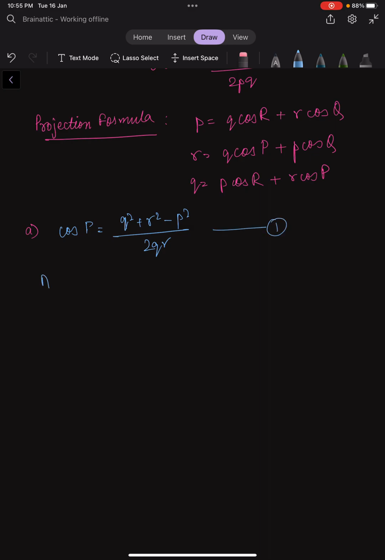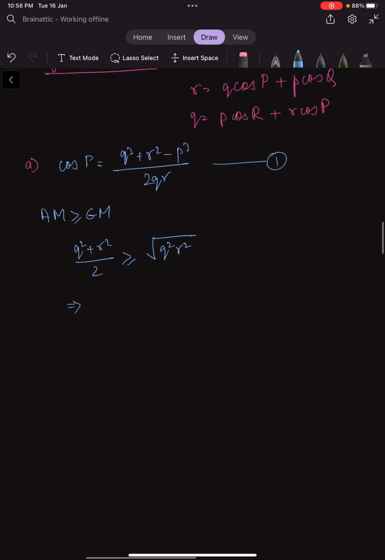Now we also know that AM is greater than or equal to GM. AM, being arithmetic mean, is always greater than or equal to the geometric mean. Now if we take q square plus r square divided by 2, then it is always greater than or equal to the geometric mean of q square and r square. So this we can rewrite as q square plus r square is always greater than or equal to 2qr.